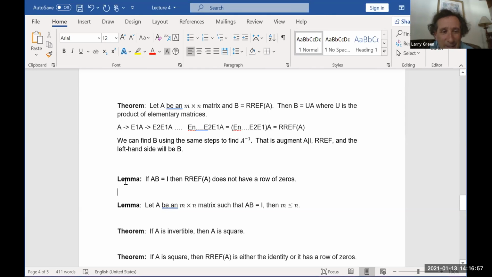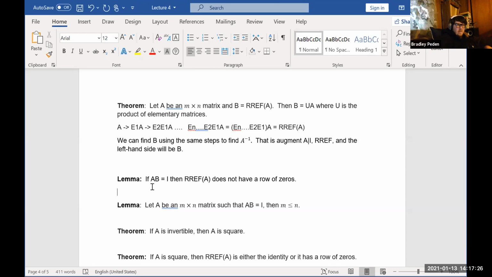Okay, so here's a lemma. If A times B is the identity, first thing, does that mean that A and B are inverses of each other? No, because for them to be inverses, you also have to have B times A as the identity.